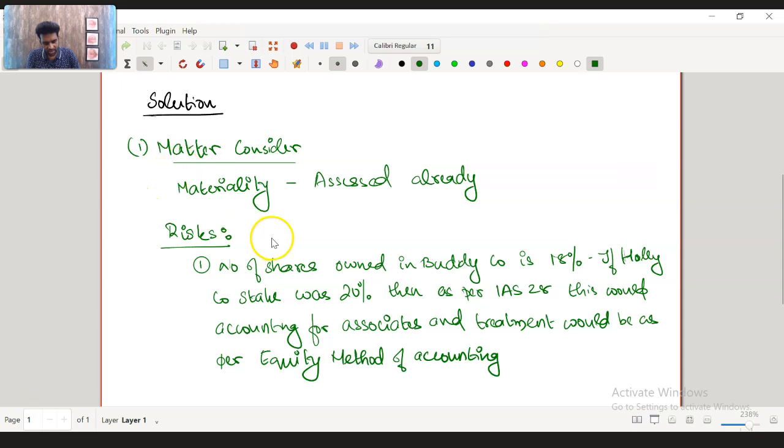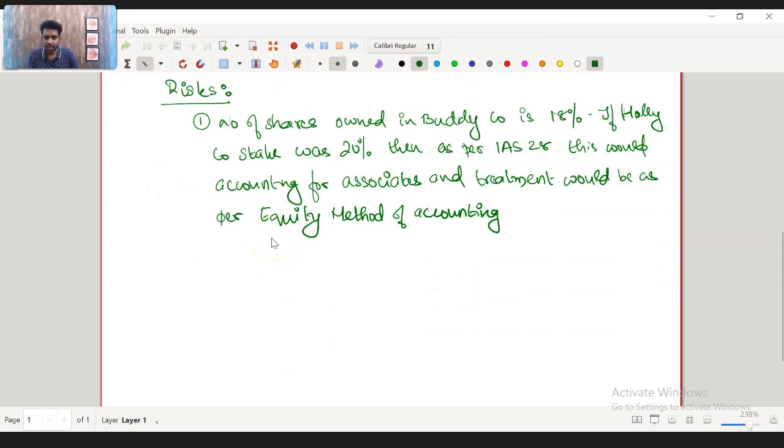Okay, so this is the number one risk. If this is just an investment, then we need to confirm the business model as well as the cash flow model.